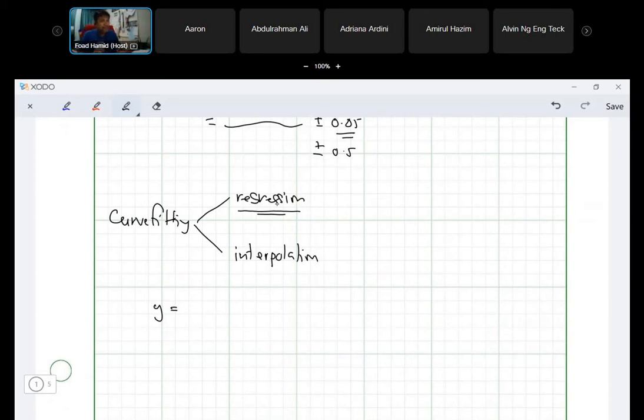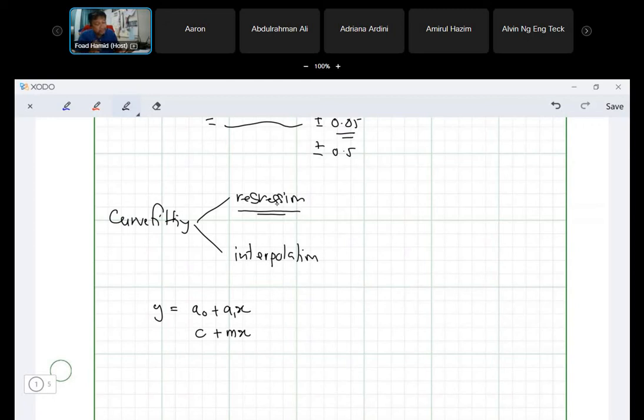Or if you write it in terms of a polynomial, it is just a naught, which is your constant, plus a1 x. This is just another way of writing your line equation, y equal to mx plus c. The same thing, but in a generalized form.